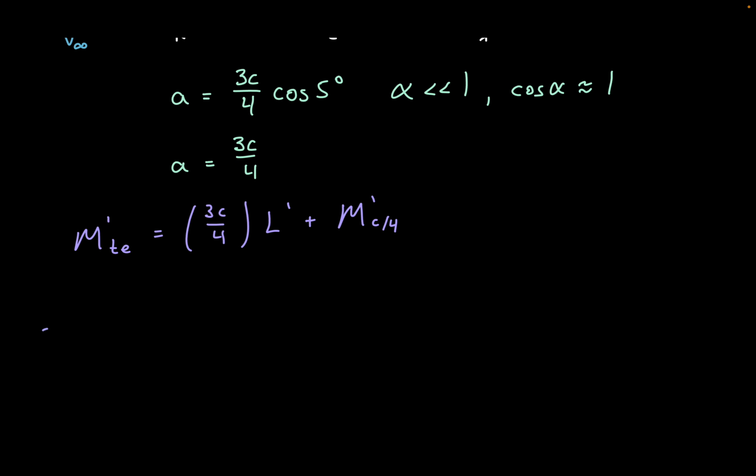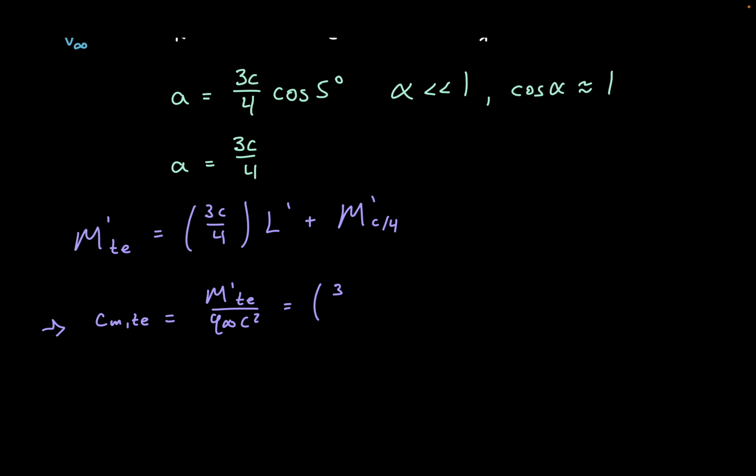What we can then do is divide the entire equation by q infinity c squared, such that we just get down to our coefficients. So we'll have C_m,TE, the coefficient of moment about the trailing edge, and that'll be equal to m prime TE divided by q infinity c squared.